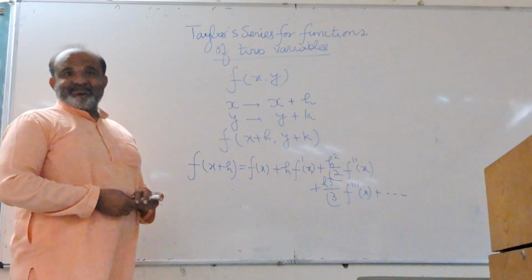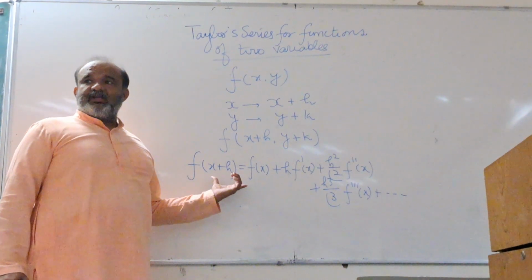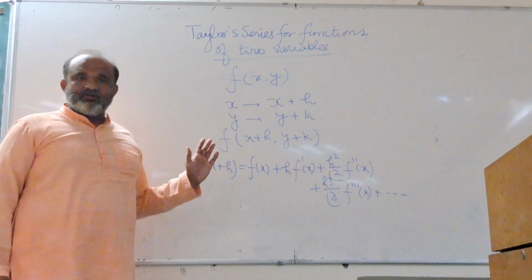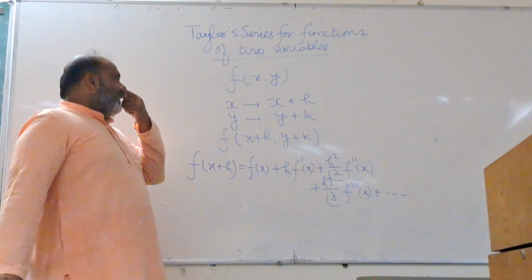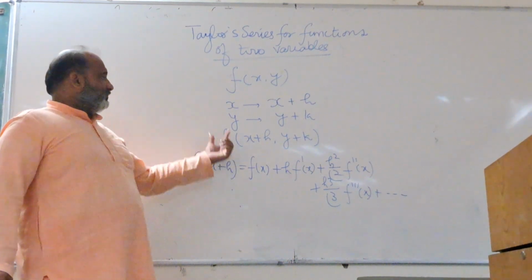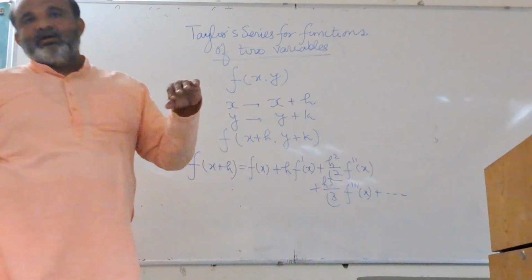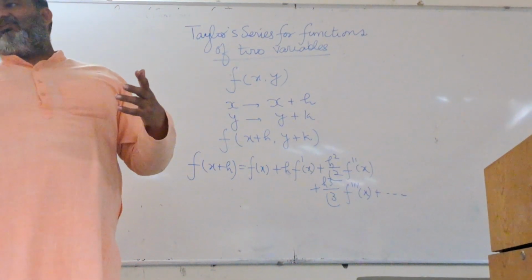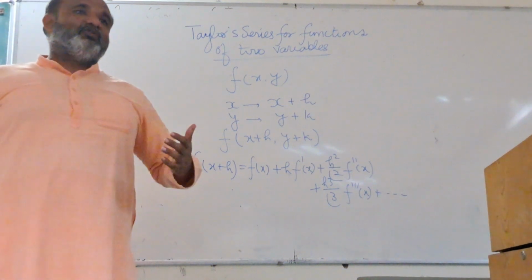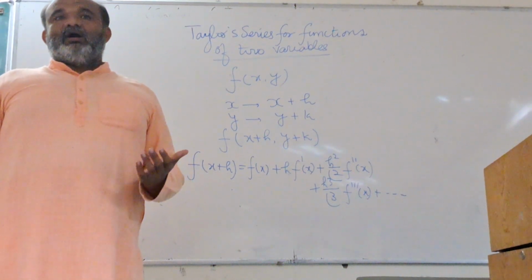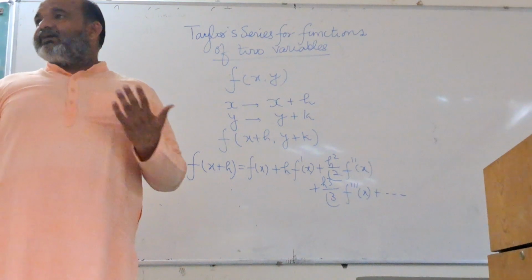So this is the Taylor series for a function of one variable. Is it clear to all of you? Right. Now I shall be applying the same thing repeatedly, first for one variable, then for the second variable, to get the final Taylor series expansion for this function of two variables x and y.